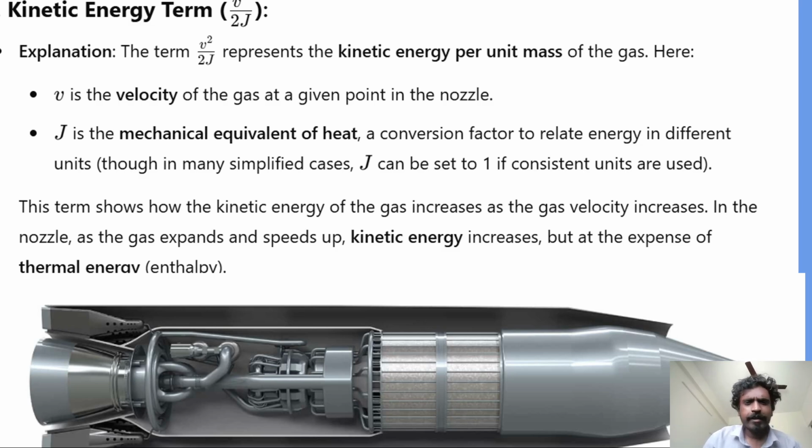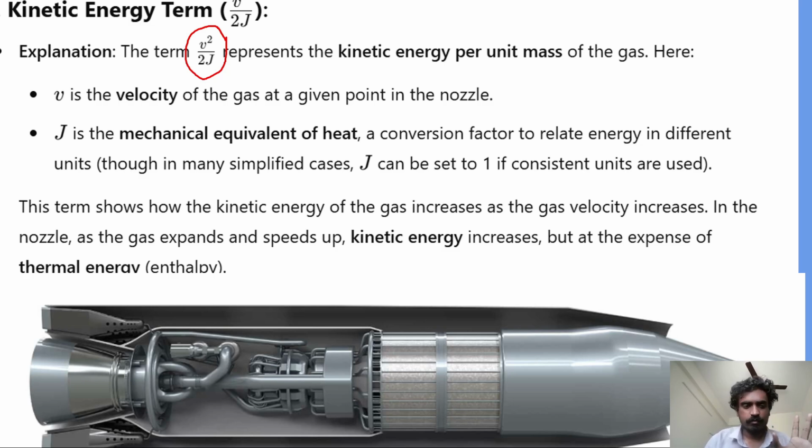The kinetic energy of a gas is very obvious. It will be proportional to v squared. So kinetic energy is proportional to v squared. The term is v squared by 2J, where J is just the mechanical equivalent of heat. So the whole point of this slide is that the kinetic energy of gas increases as the gas velocity increases.